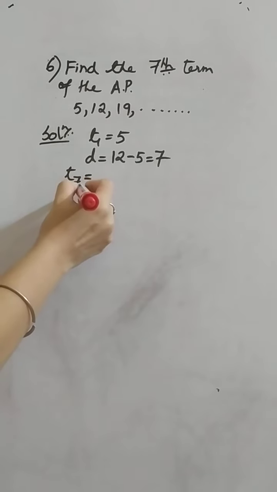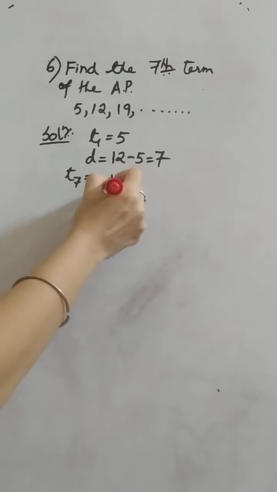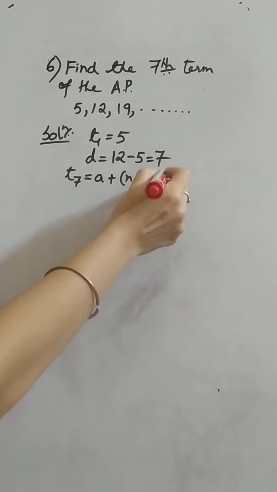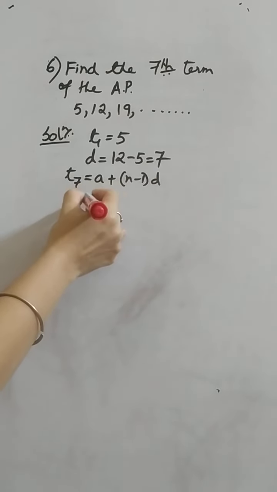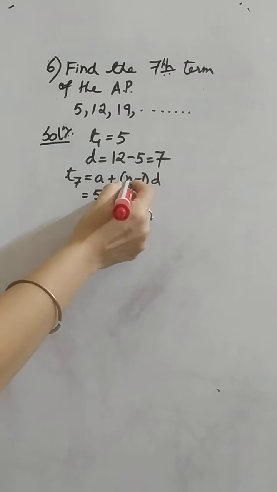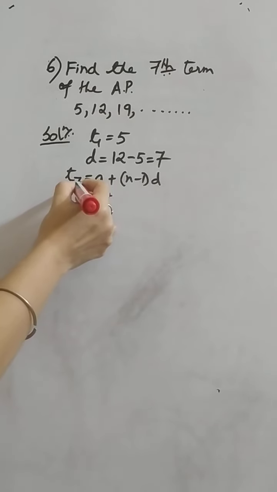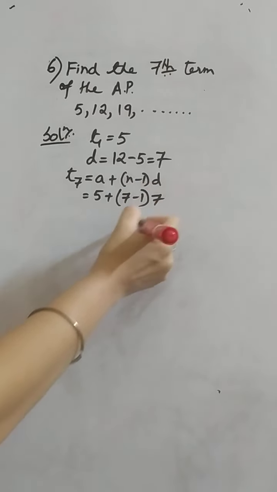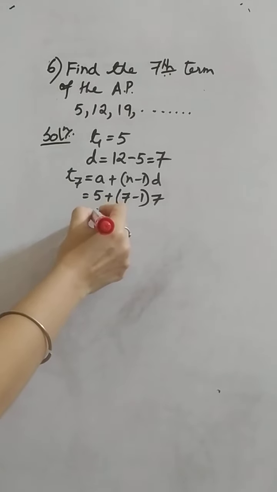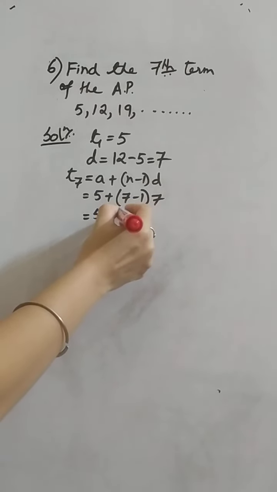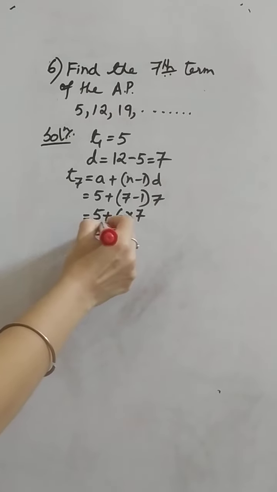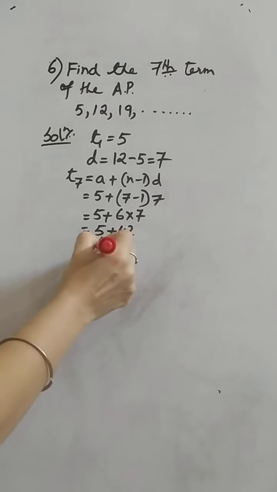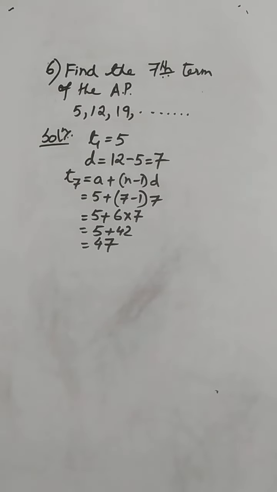By the formula, T7 is a plus n minus 1 d, where a is the first term, so a is 5, n is the number of terms, which is 7, minus 1 into d, which is found out to be 7. So this is equal to 5 plus 6 into 7, that is 5 plus 42 equal to 47. So the seventh term of this AP series is 47. Let's move on to the seventh one.